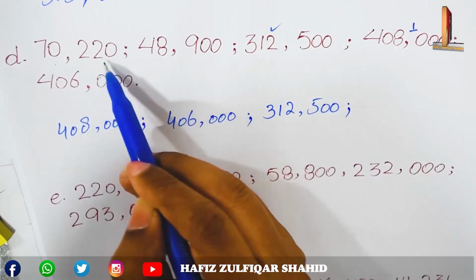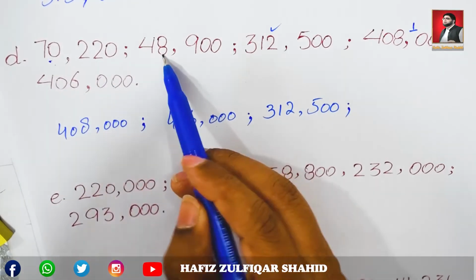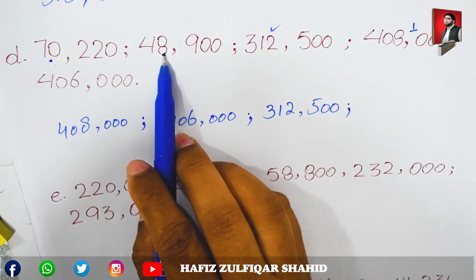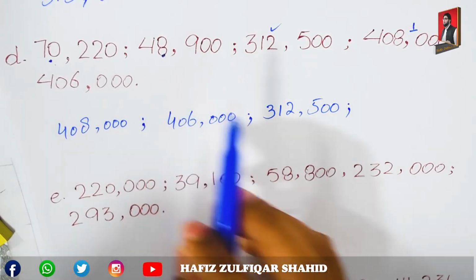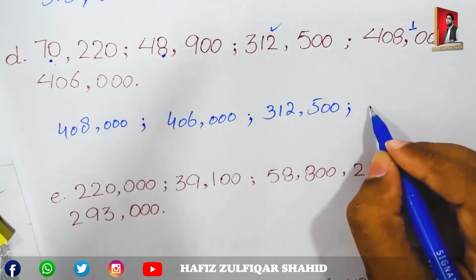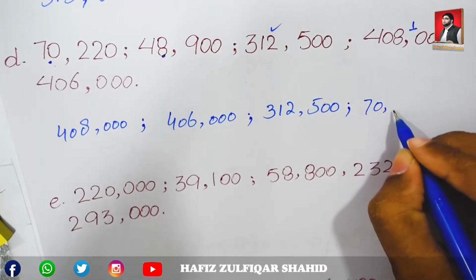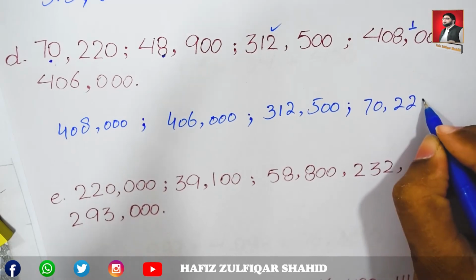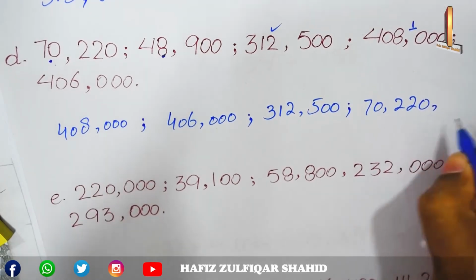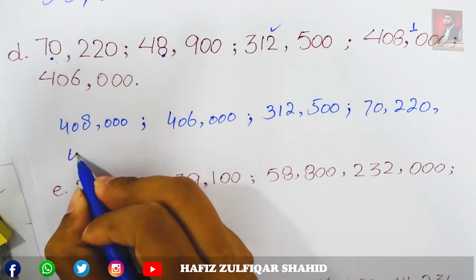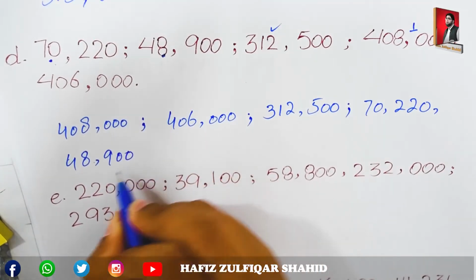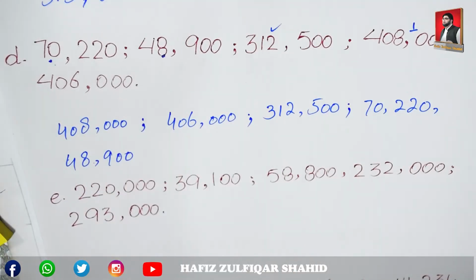Now we have two values left, 70 and 48. 70,000, 48,000. Which is greater? 70,000 is greater than 48,000. Write it before 48,900. In the last we will write 48,900, which is the smallest value in all these 5 values.